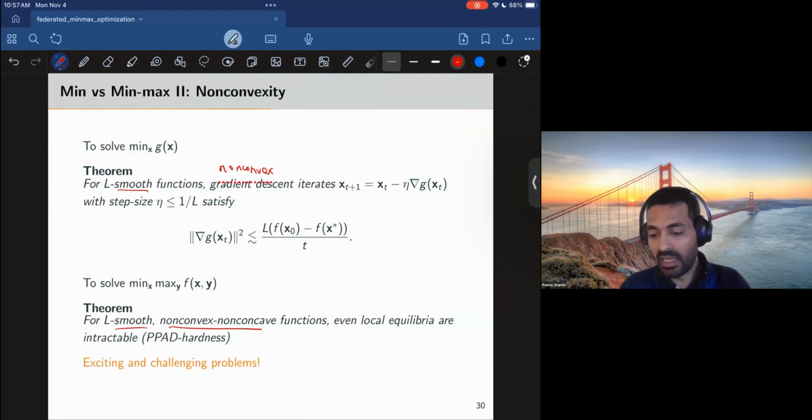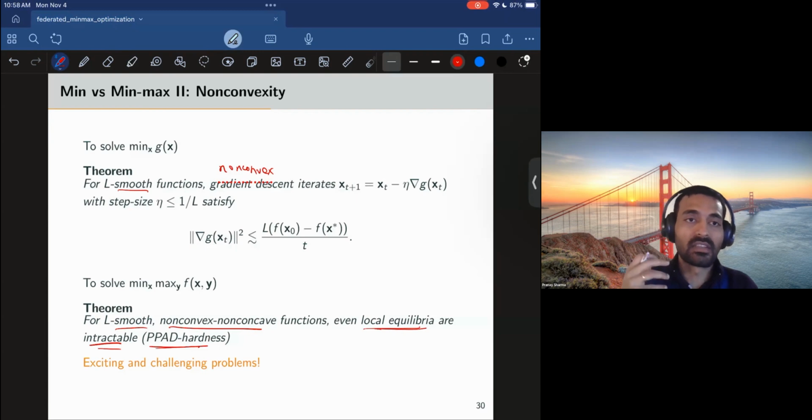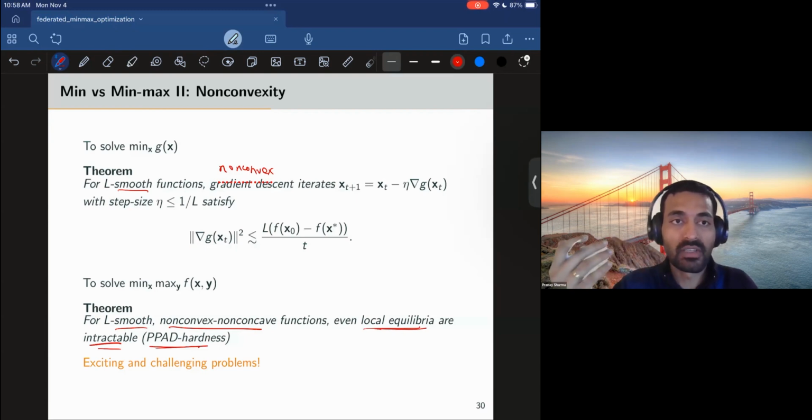It turns out in non-convex, non-concave problems, notions like saddle point or equilibrium points, even their definitions are somewhat strange. Further, if you want to achieve locally an equilibrium point, then it's a very hard problem. By hard, I mean that there are complexity results that it would require a large number of computations to even verify that where you are is actually an equilibrium point.